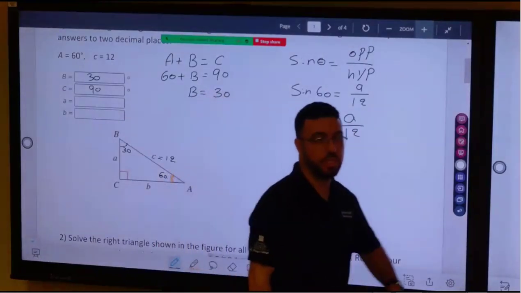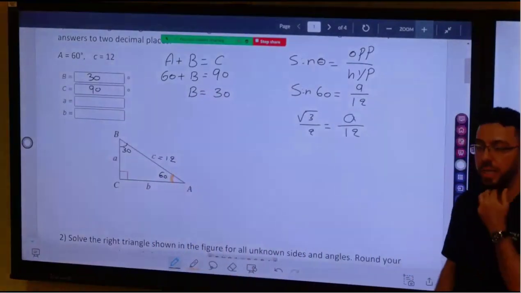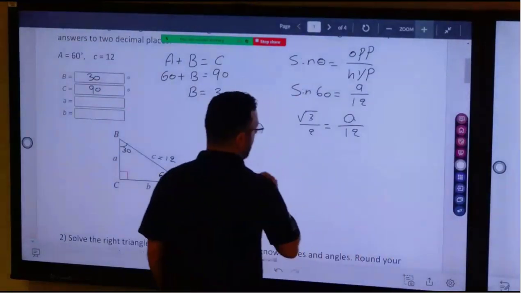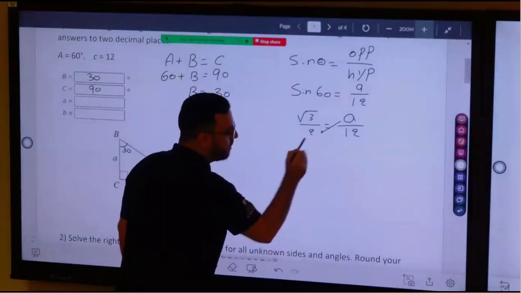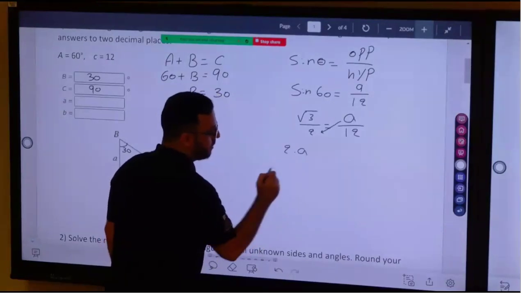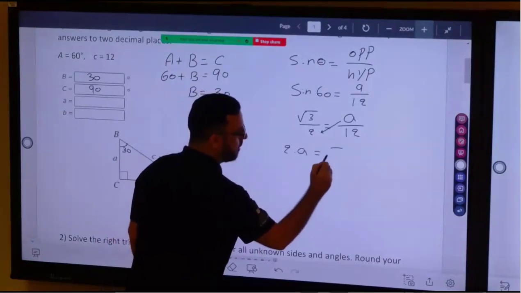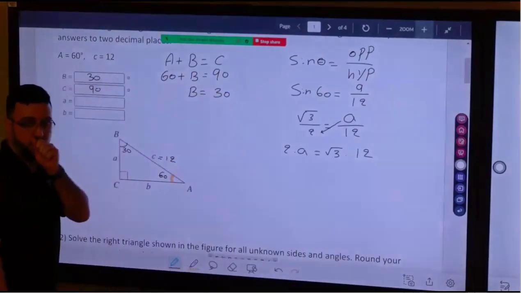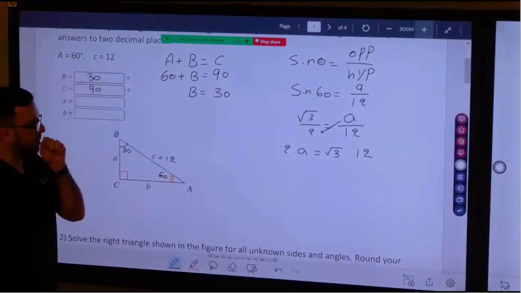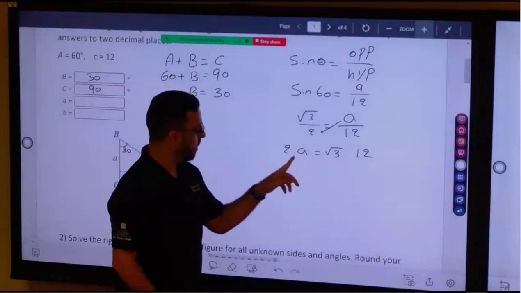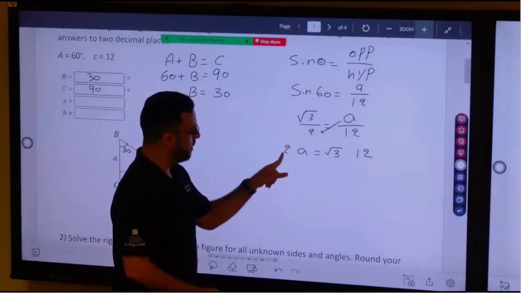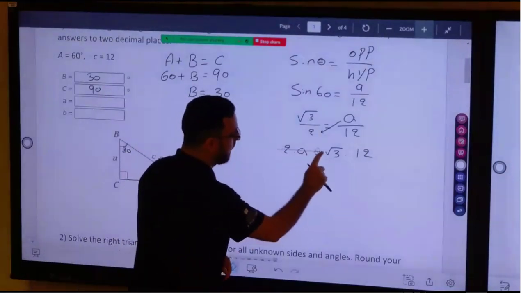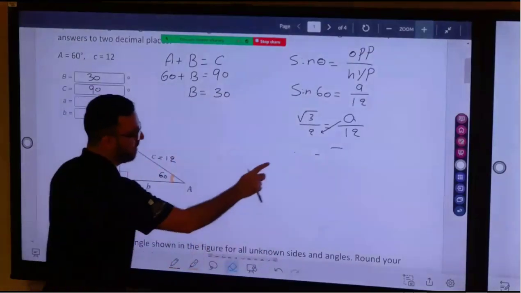Now what's the next step? We need to find the value of a. What are we gonna do? Cross multiply. That means a times 2 equals square root of 3 times 12. Wait, is that a 2 or an a? The denominator, the bottom one, is a 2.